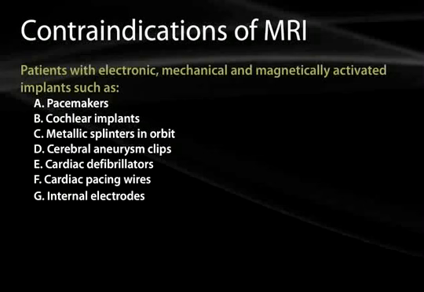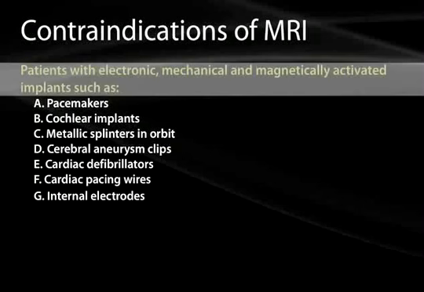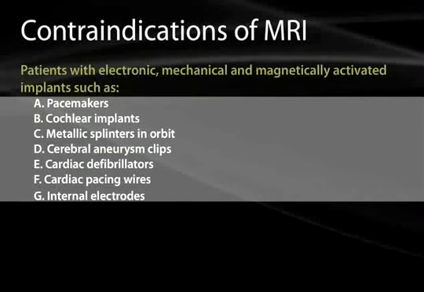Some of the contraindications of MRI are essentially that you cannot use anything that's ferric or magnetic. That includes it can't be done on people with pacemakers, cochlear implants, splinters, especially in the eye or the orbit, cerebral aneurysm clips, cardiac defibrillators, pacemaking wires, internal electrodes, all sorts of metal devices that will cause people discomfort or potential damage if they're in an MRI high magnetic field.